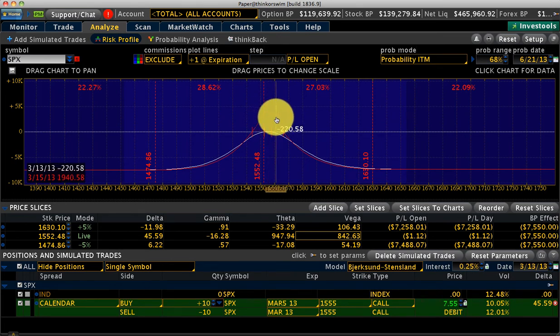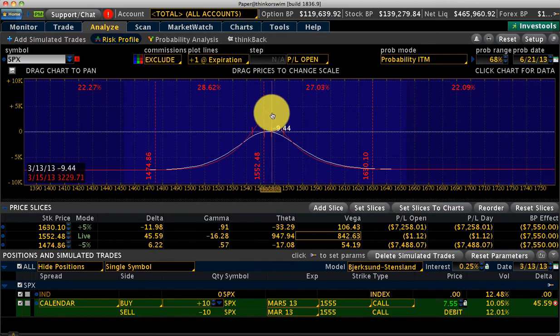But that doesn't matter. You have a profit zone of about 20 points between 1544 and 1564, or even more, 22 points. So that's your profit zone. And that's where we would like to see the SPX expire tomorrow after close.